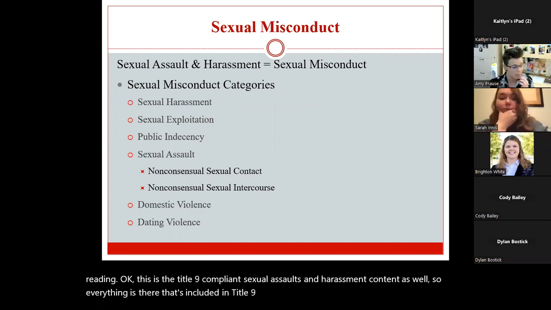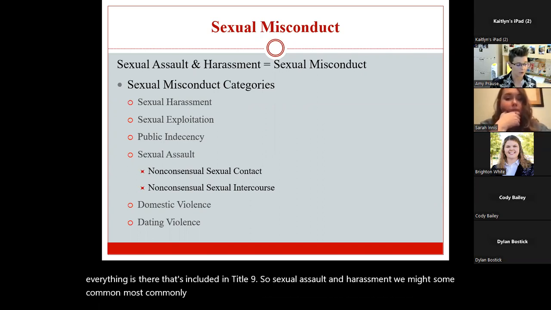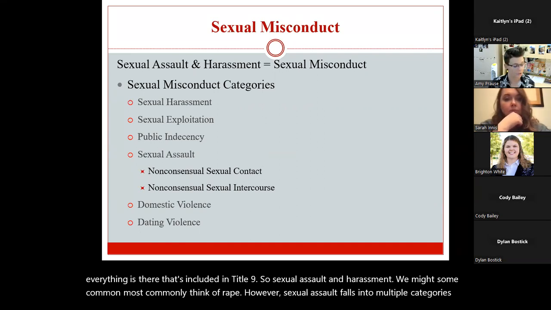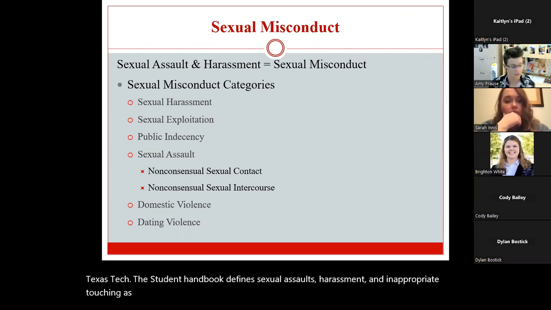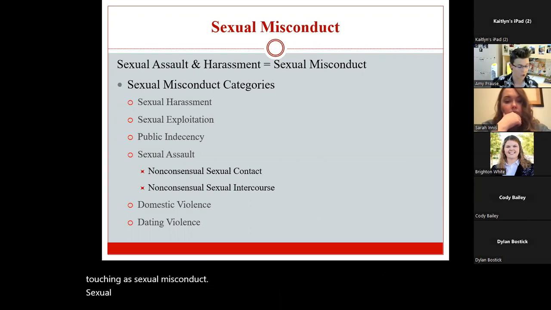So sexual assault and harassment, we might most commonly think of rape. However, sexual assault falls into multiple categories. At Texas Tech, the student handbook defines sexual assault, harassment, and inappropriate touching as sexual misconduct. So sexual misconduct is the umbrella term for all sorts of sexual assaults.